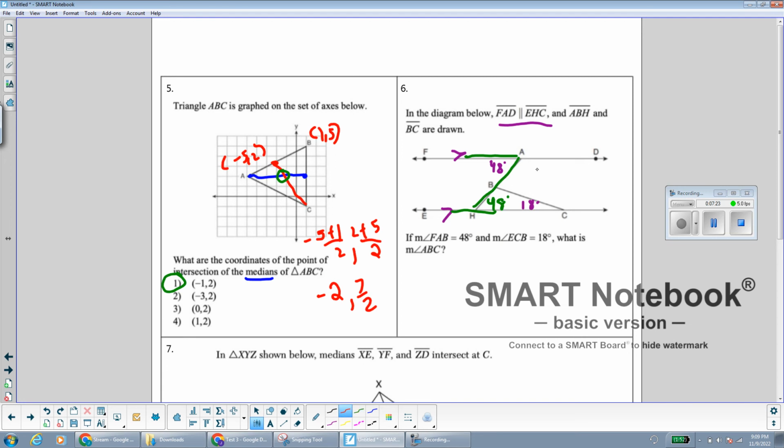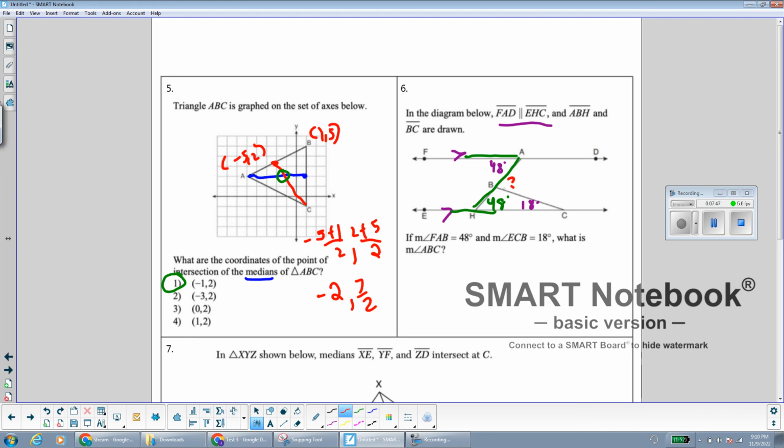We need to find this angle. So first I want to find this one. In this triangle, we have two angles, the 48-degree angle and the 18-degree angle. To find the missing angle of the triangle, since all angles of a triangle add to 180, I'm going to do 48 plus 18. That's 66. And I'm going to subtract 66 from 180.